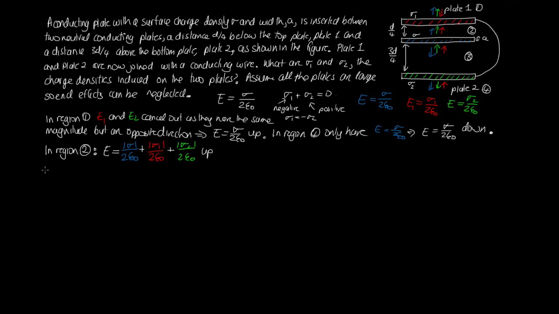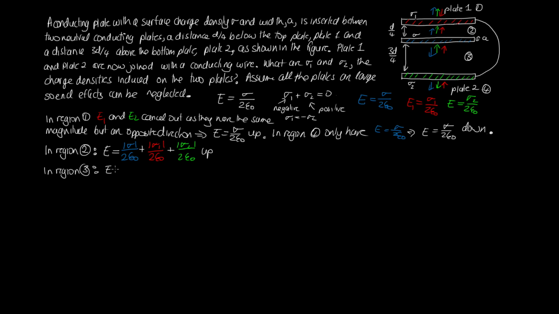And in region 3, so that's this region here. So you can see here, the electric field due to the inserted plate is going down, while the ones due to the top and bottom plate are both going up.